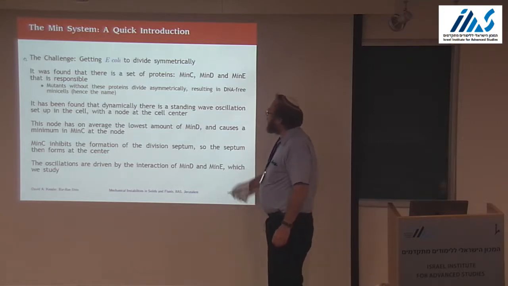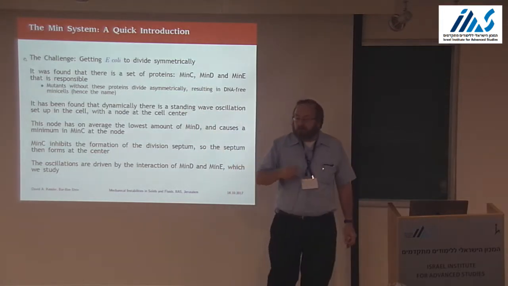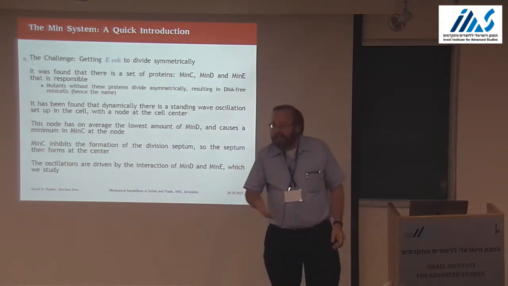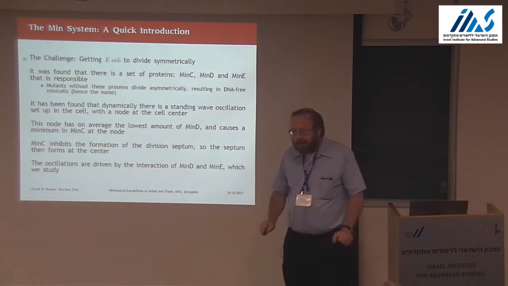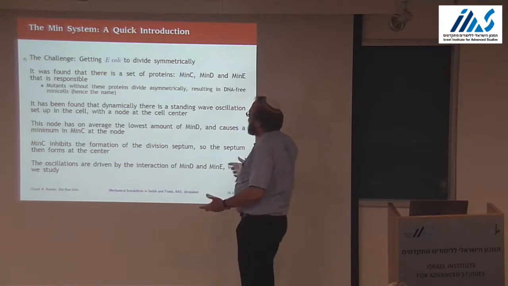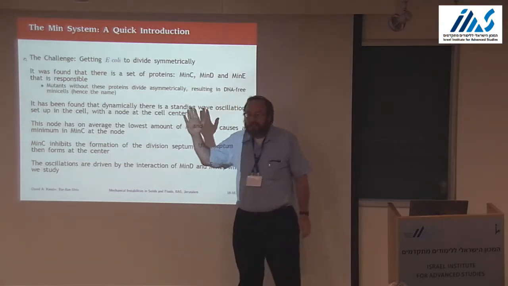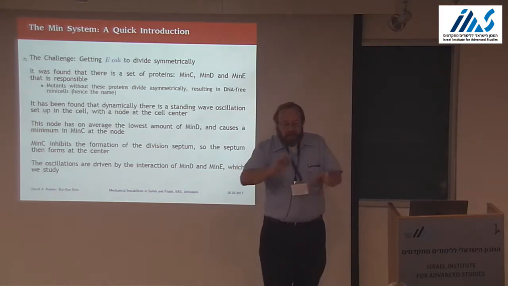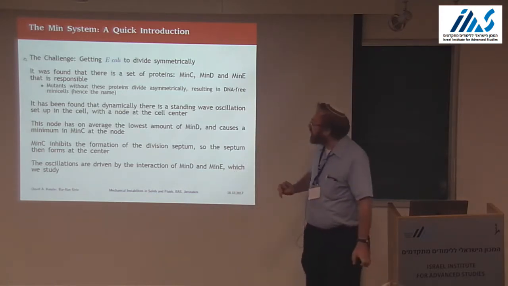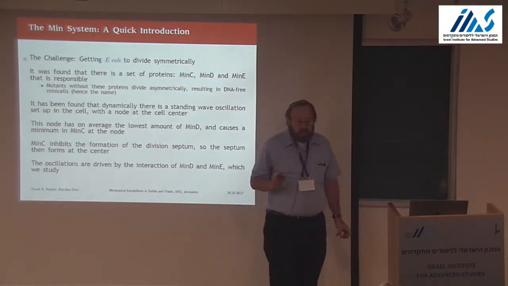The biologists actually found that there's a set of proteins that are responsible for guaranteeing that E. coli divide more or less symmetrically. And in fact, they discovered that if you knock these out, you get very asymmetric divisions, and you get what they call mini cells, which are DNA free.